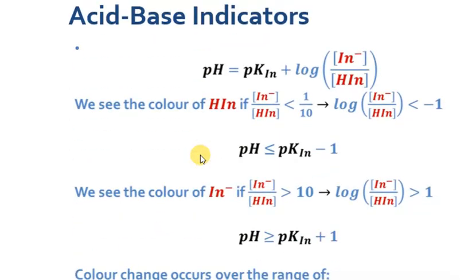The acid base color range we can see by solving the Henderson-Hasselbalch equation. If it is an acidic solution, then the ratio of the concentration of the conjugate base to the indicator is less than 1.